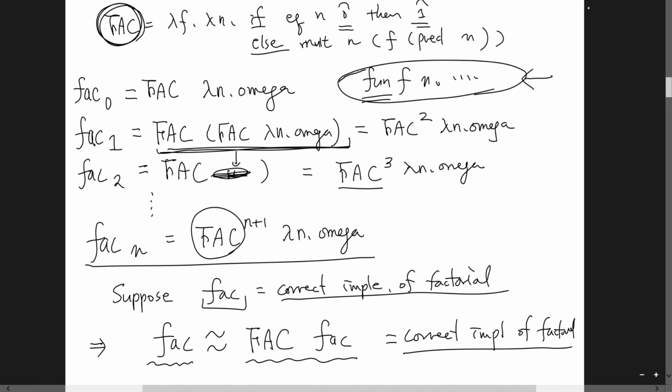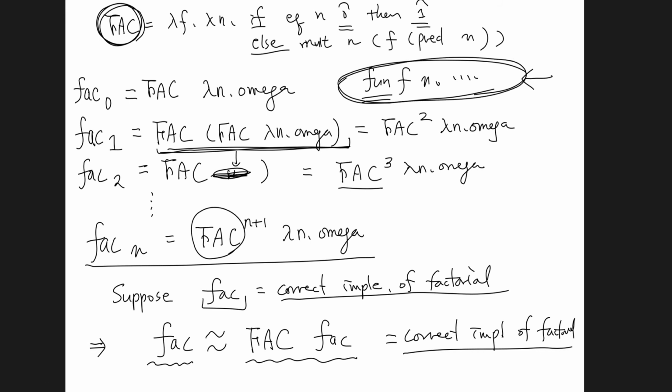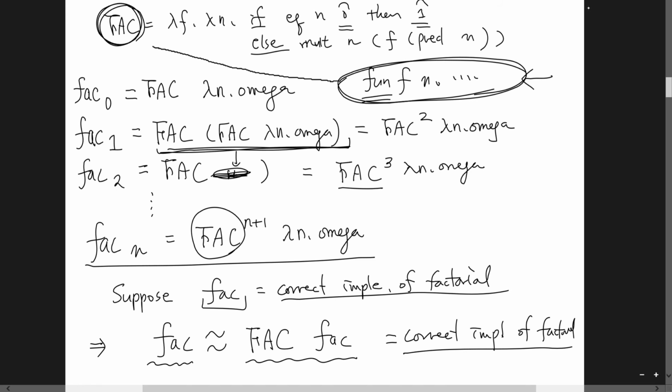So we will see how this expression actually expands to a valid expression. The first step is we derive this capital factorial function mechanically. And then we analyze this function and learn that it has a very interesting property. It always returns an improvement in the implementation of the factorial function.